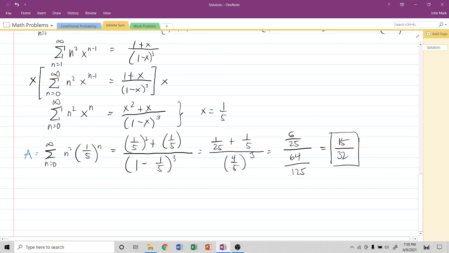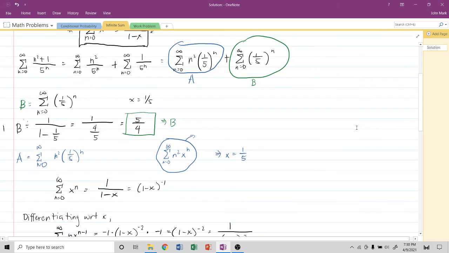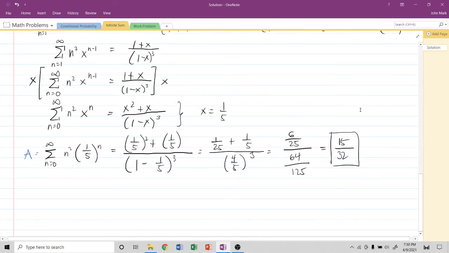So we have now the value for A and the value for B, which is 5 over 4. Now we can finally solve our summation. So our summation is 4 times the summation from n equals 0 to infinity of n squared times 1 over 5 raised to n plus the summation from n equals 0 to infinity of 1 over 5 raised to n.